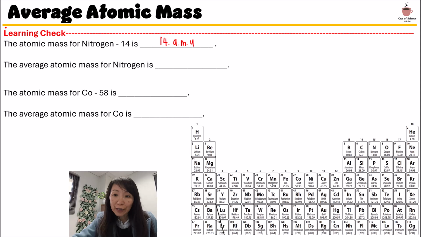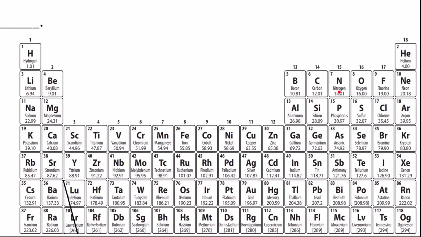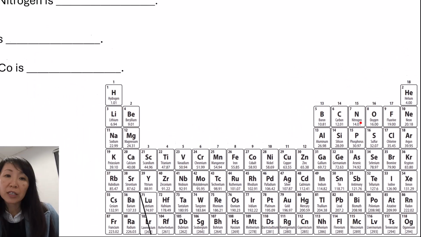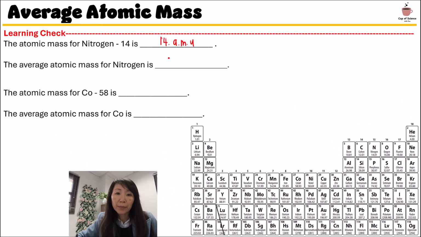The average atomic mass for nitrogen, we're going to go ahead and look in the periodic table. So if we go to the periodic table, you see that it is 14.01. So average atomic mass for nitrogen is 14.01. And the unit is AMU.